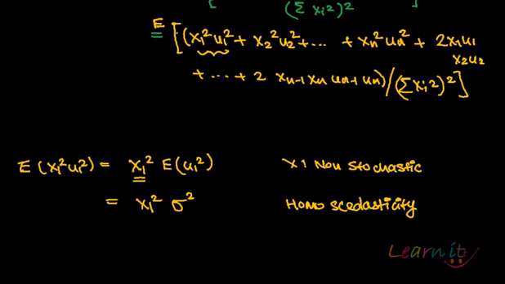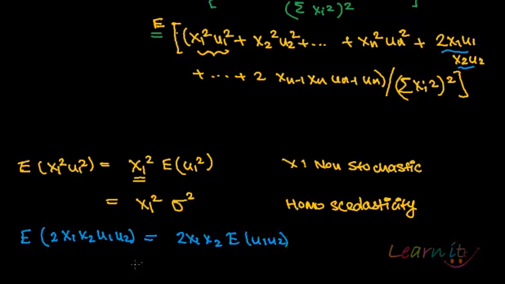Also, if you look at this kind of a term, what is this? 2 of x1 x2 into u1 u2. If you have this kind of a term, so 2 of x1 x2 will come out of the expectation operator, x1 and x2 both being non-stochastic, and E of u1 u2 is like this. So this will be 2 x1 x2 into 0.